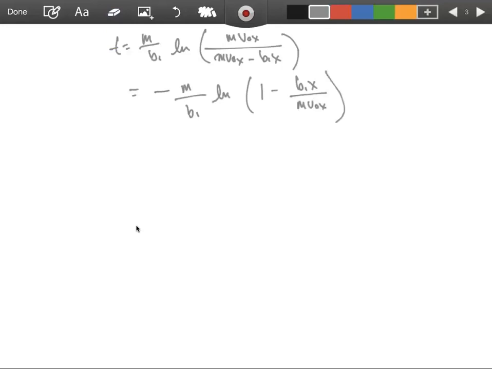Right? So the negative sign comes from the fact that I have a natural log of a divided by b, which is equal to minus the natural log of b divided by a. So that's just the negative of that. So great, this is then going to be the time it takes to get to any random x position.